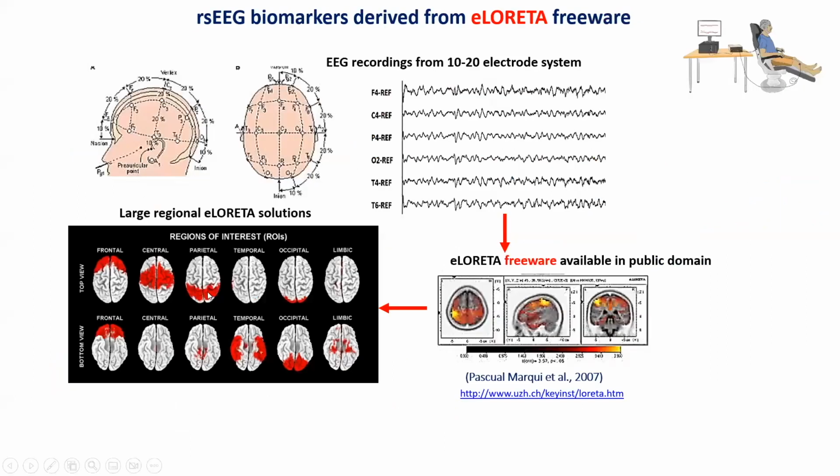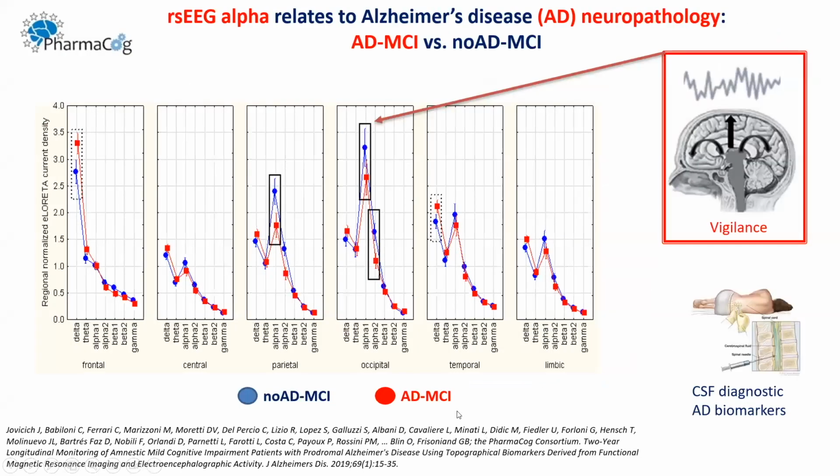And in a previous European project, PharmaCog, we analyzed the cortical sources of resting state eyes-closed EEG rhythms in patients with mild cognitive impairment, so before dementia, and due to Alzheimer's disease as revealed by cerebrospinal fluid, in contrast with patients with mild cognitive impairment not due to Alzheimer's disease, but for example Lewy body dementia or frontotemporal dementia.